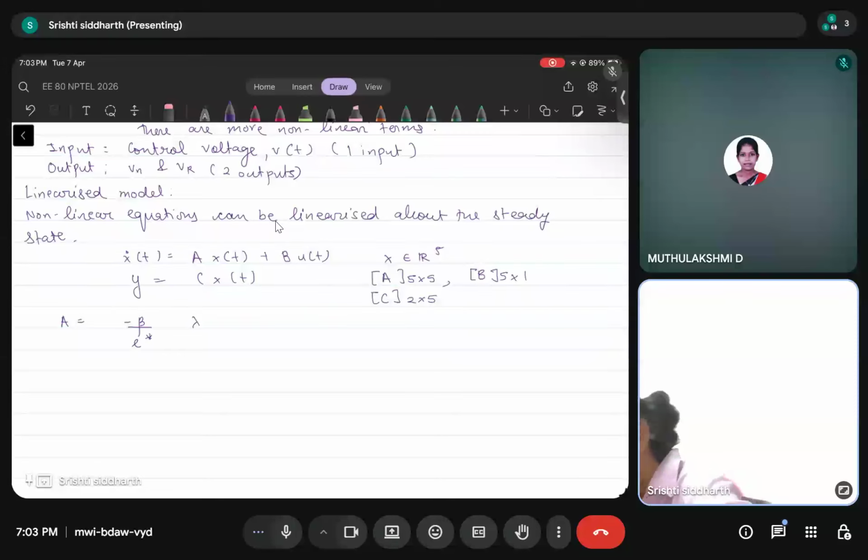Alright. This is 0, 0, 0, eta naught by L star. Then we have beta over L star, minus lambda, 0, 0, 0.